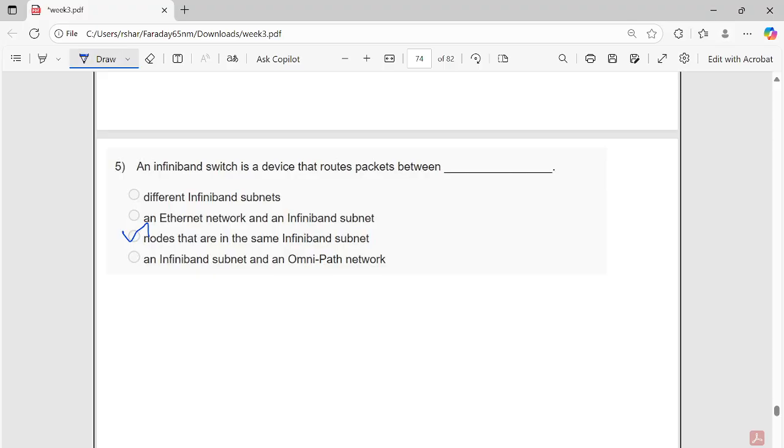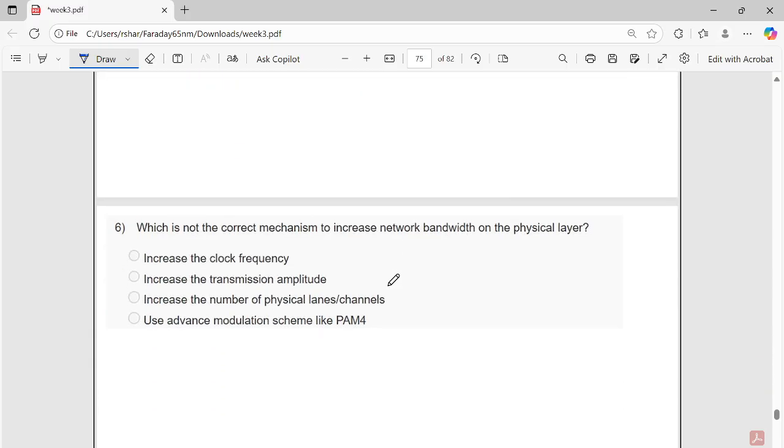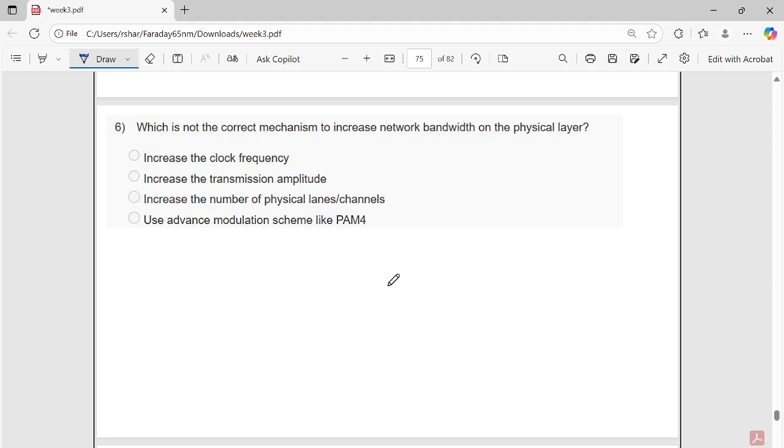InfiniBand switches connect endpoints within the same subnet to enable low latency, high bandwidth communication. So it should be in the same InfiniBand subnet. Yes, option C. Next, which is not the correct mechanism to increase network bandwidth on the physical layer.